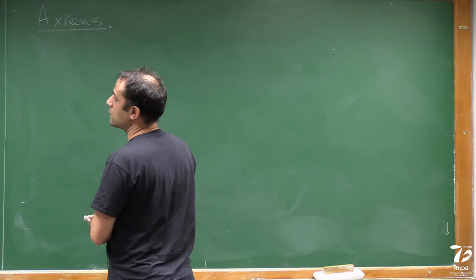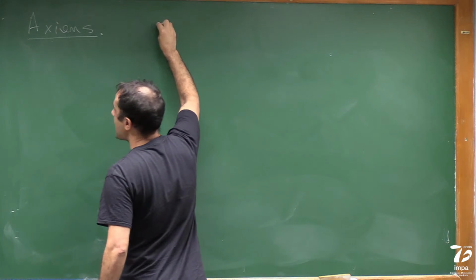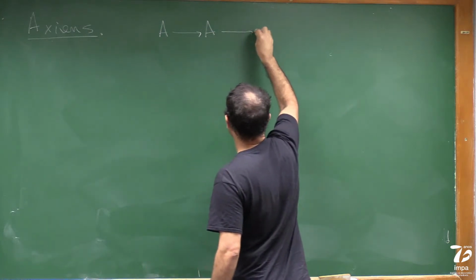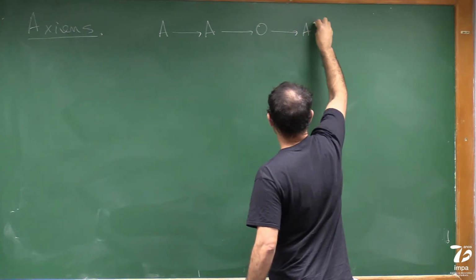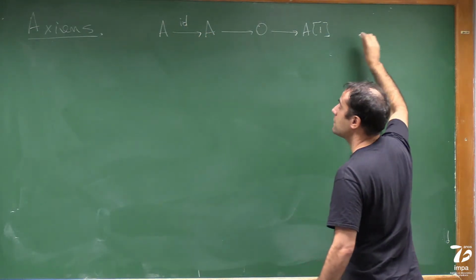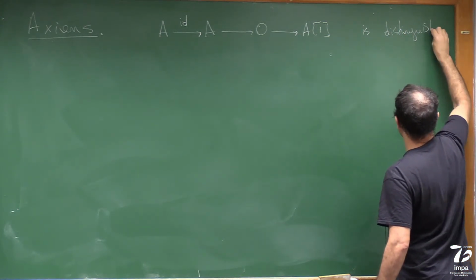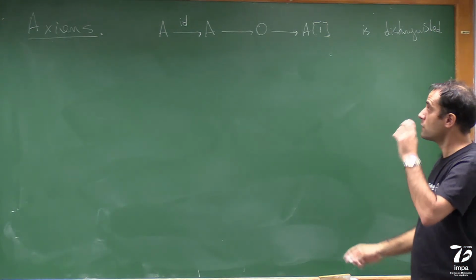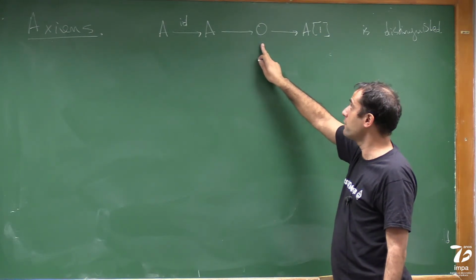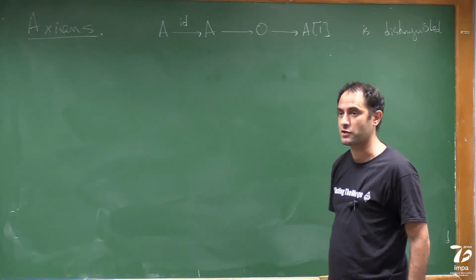The first axiom is that the identity morphism always gives rise to a distinguished triangle of this form. My category was linear, so this 0 object makes sense. This is the only morphism to the 0 object, and this is the only morphism from the 0 object. I'm going to declare that this is a distinguished triangle. This has to be distinguished.